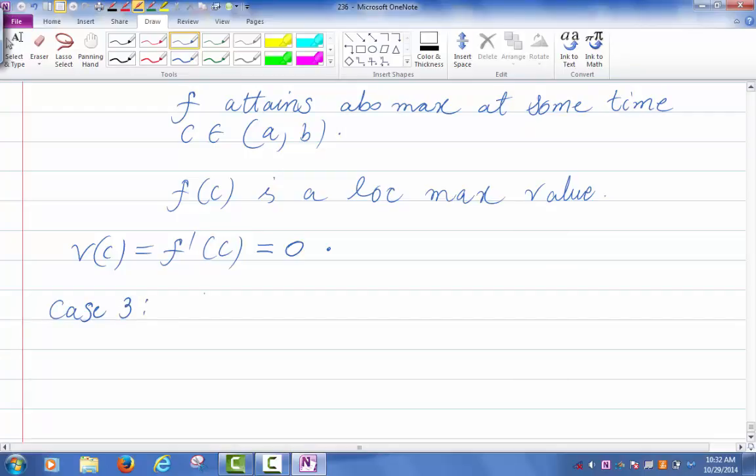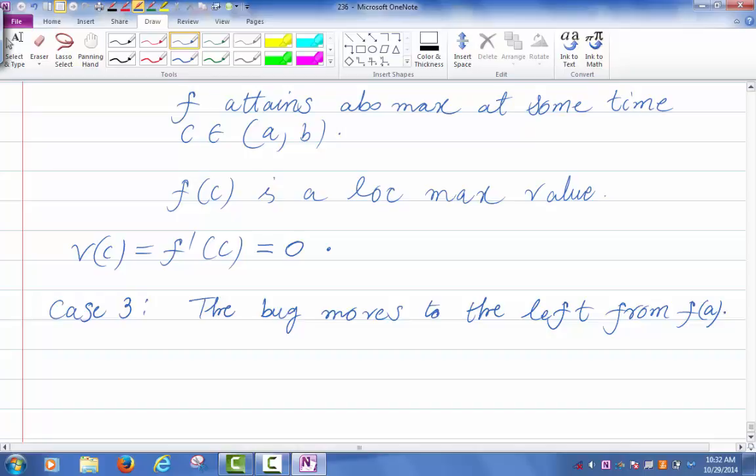So the case number 3 is the bug moves to the left from f of a. In that case, you know that the bug will achieve a smallest position, right?